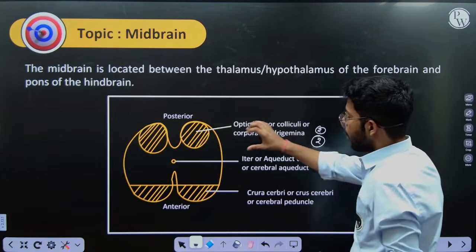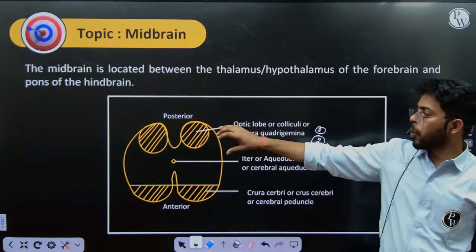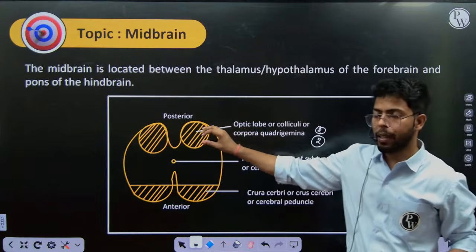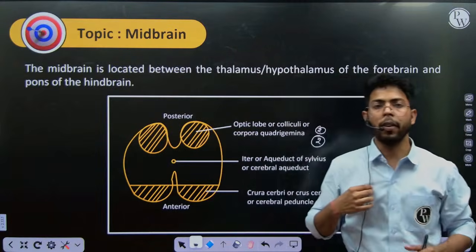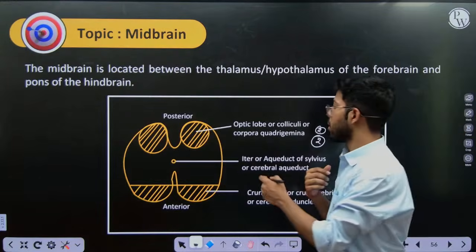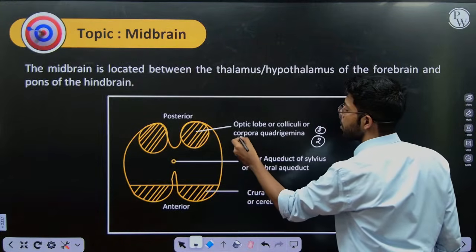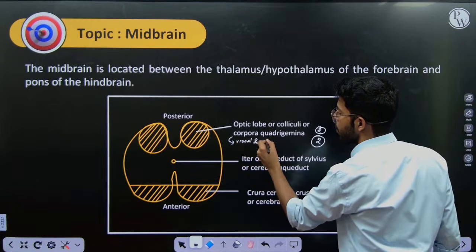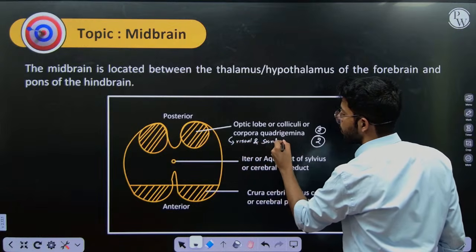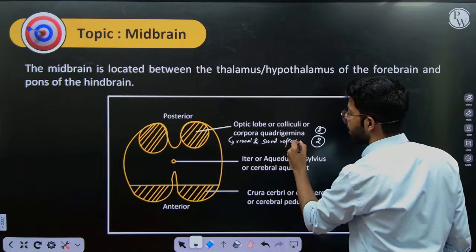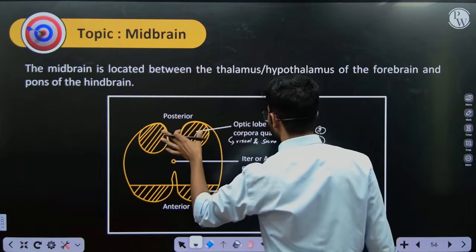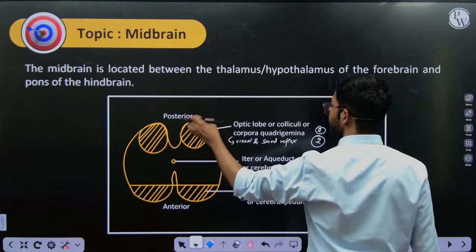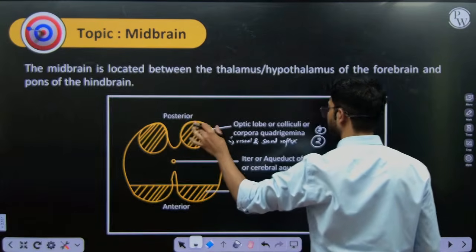These corpora quadrigemina are responsible for the visual reflex and the sound reflex. They receive the visual and sound stimulus simultaneously and act accordingly.